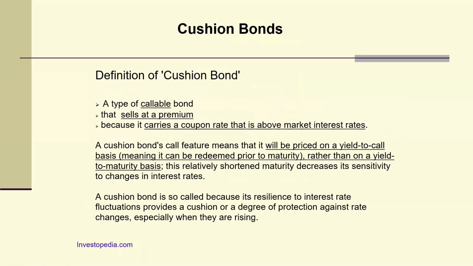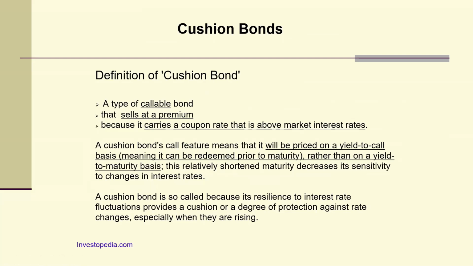I've had people say, well, I just go to a certain website and pick out bonds that are paying a certain interest rate. Well, there are several problems with that. But what the professional managers will do is use what is called a cushion bond. That is a bond that can be called back at some time in the future by the company that's issuing it. But it also sells at a premium, and it carries an interest rate that is above the current market rates.